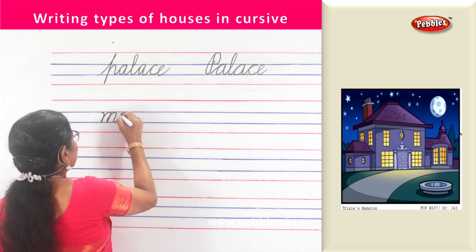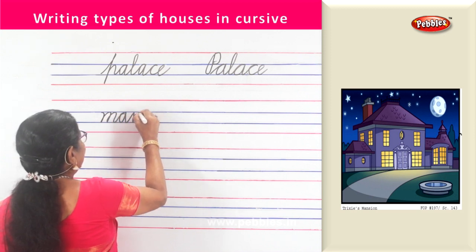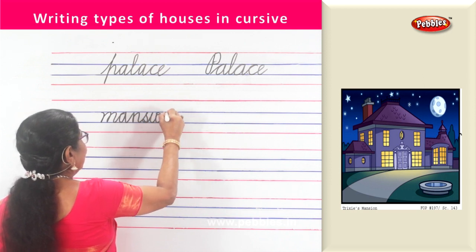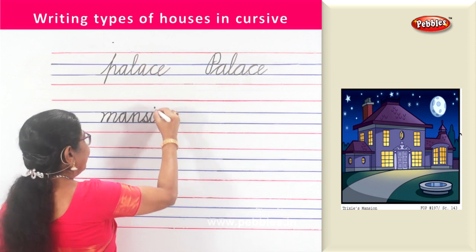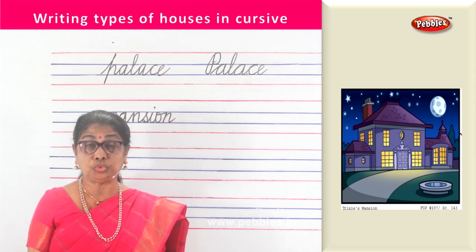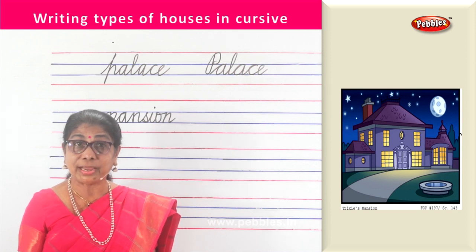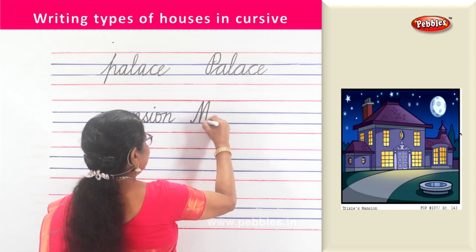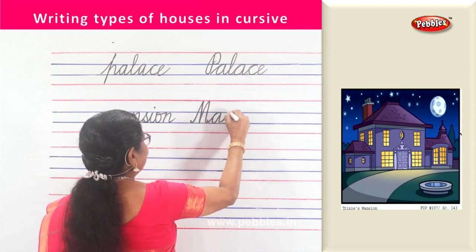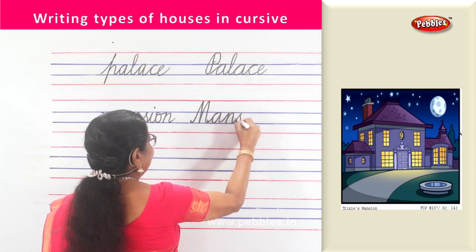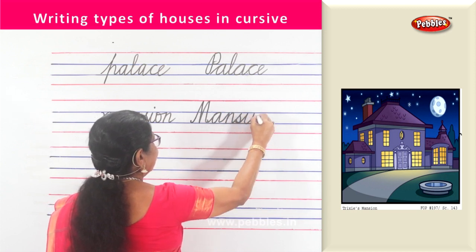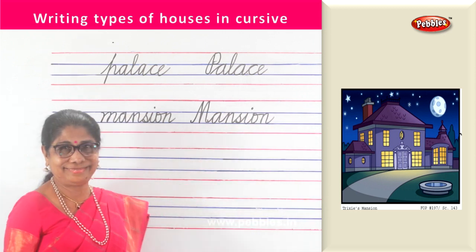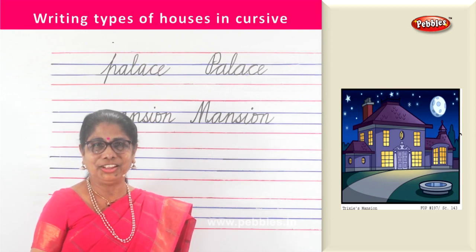M, A, N, S, I, O, N. Big palatial house. They're called mansions. Let's write M capital. M, A, N, S, I, O, N, mansion. Okay, good.